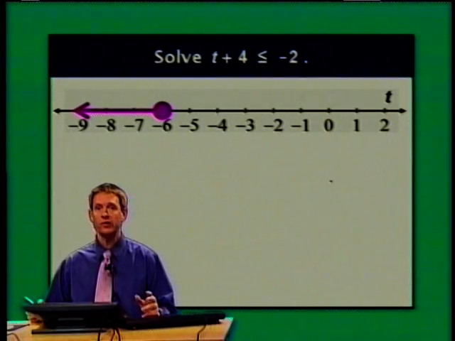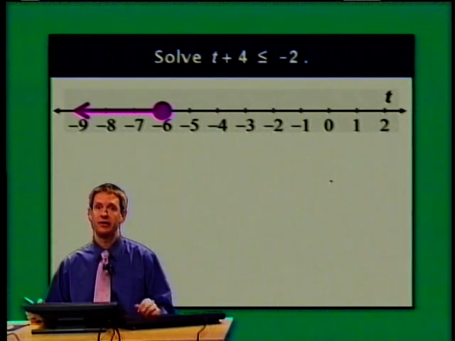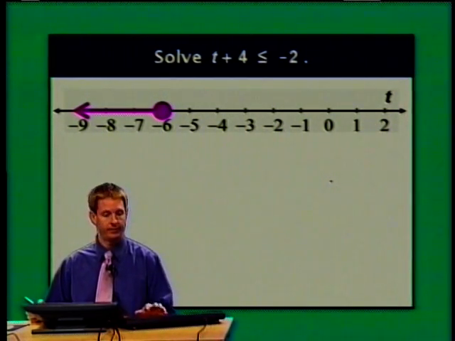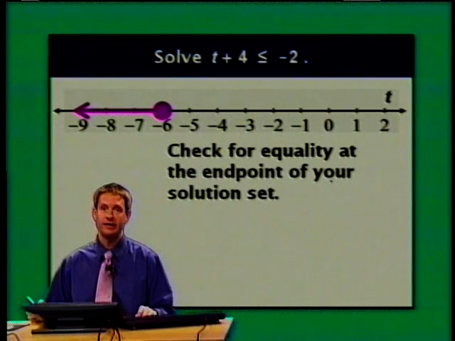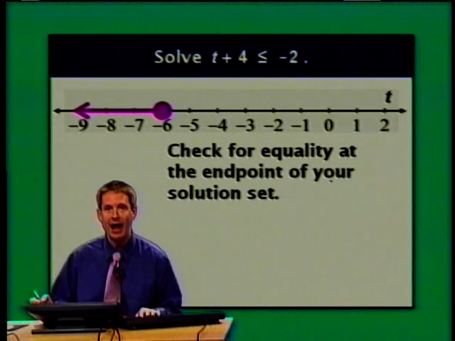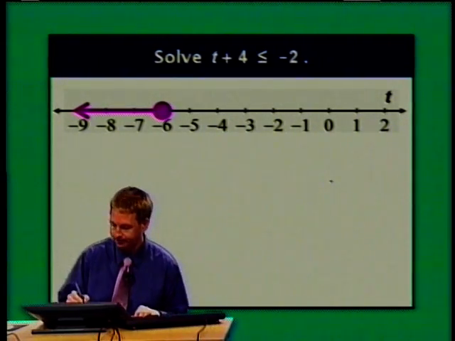So our proposed solution was the set of numbers to the left of negative 6, in addition to the number negative 6. The first thing we need to do is check for equality at the endpoint of our solution set. The endpoint is negative 6. So let's see what happens when t is negative 6.